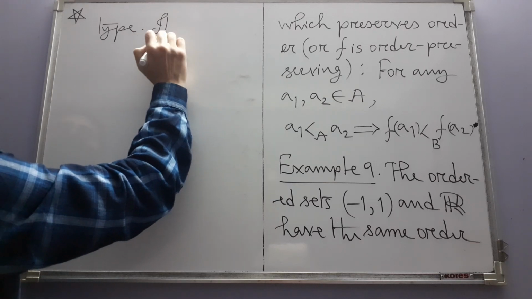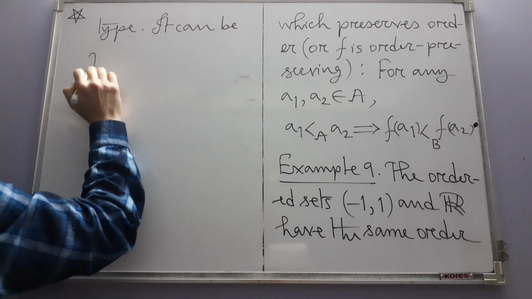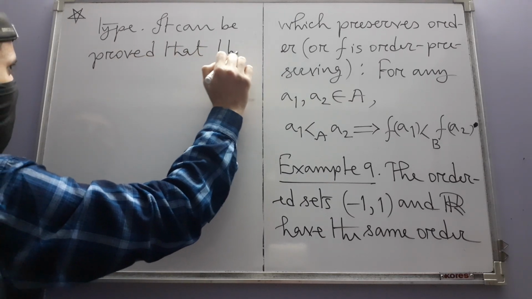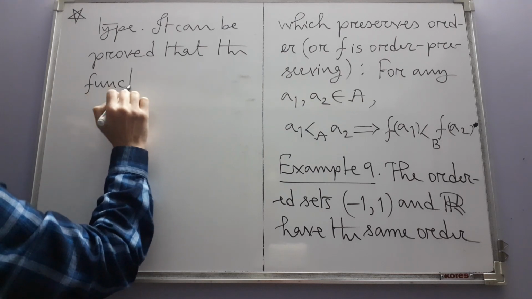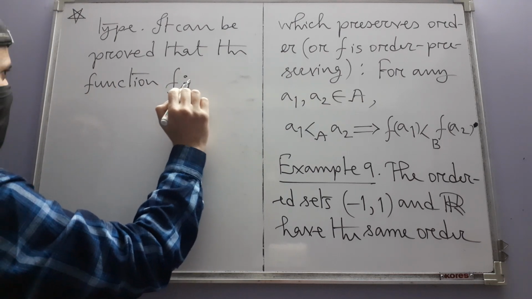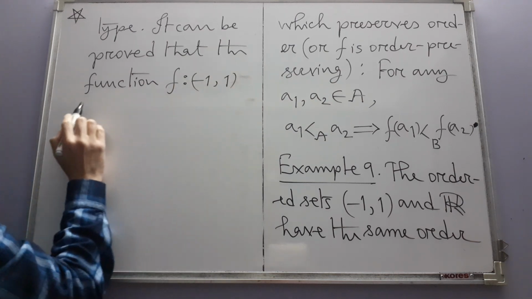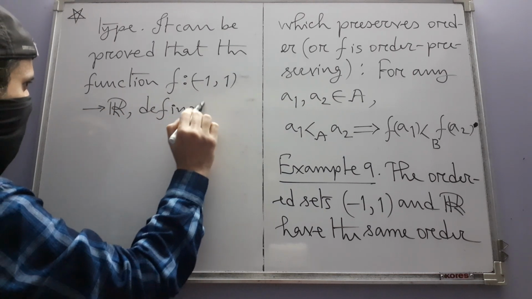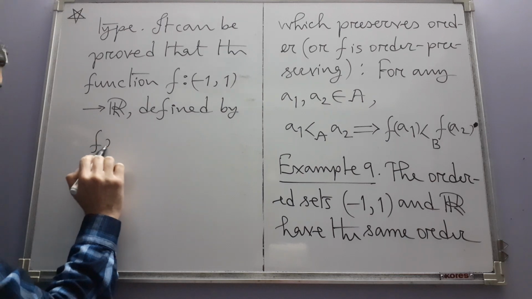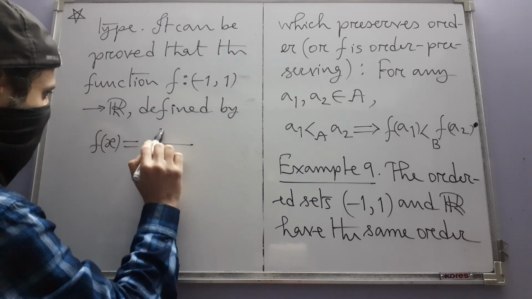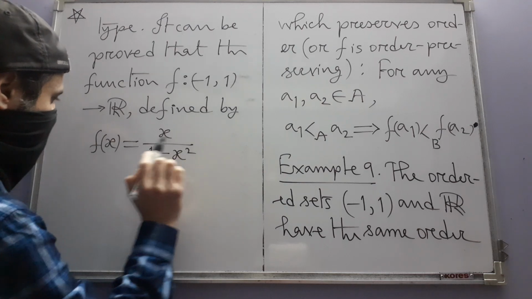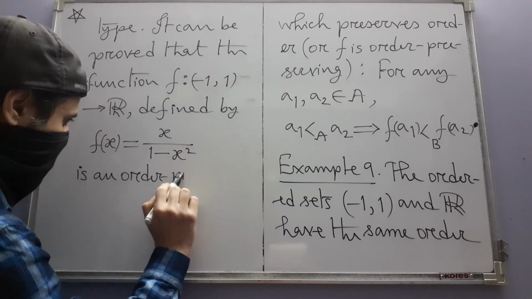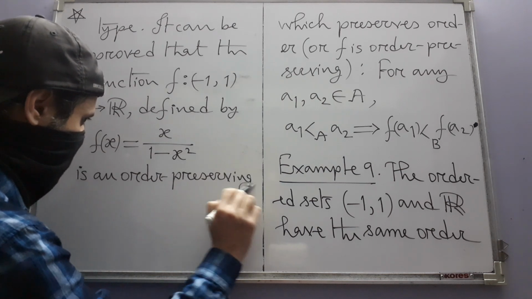Why? It can be proved that the function f from (-1, 1) to R defined by this rule, x divided by 1 minus x square, is an order preserving bijection.